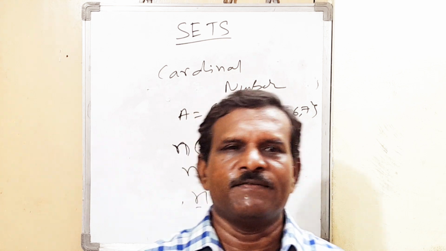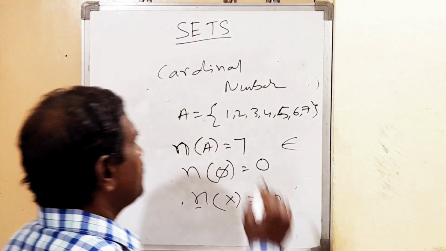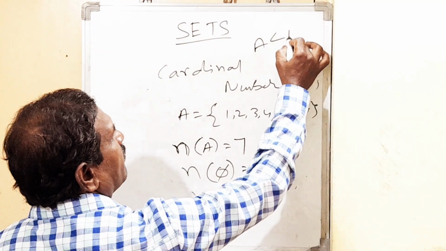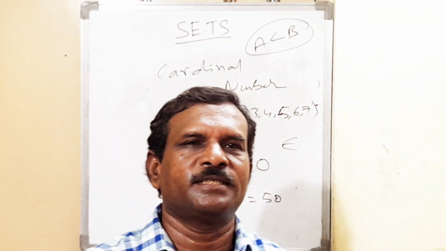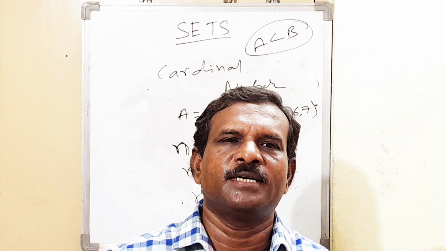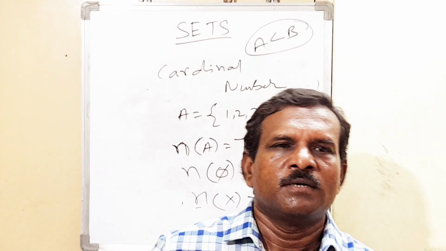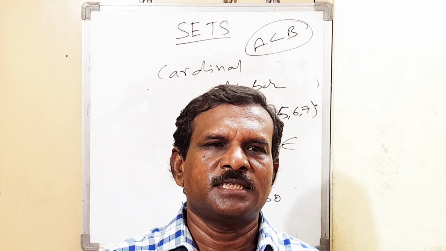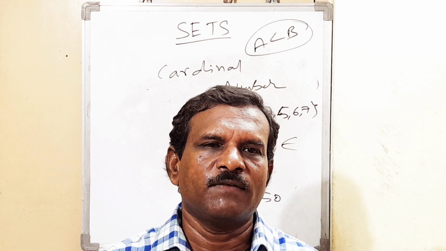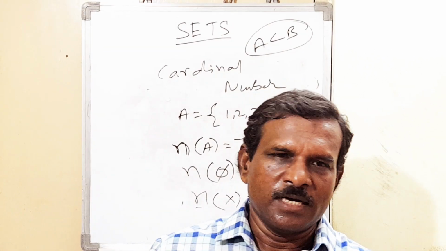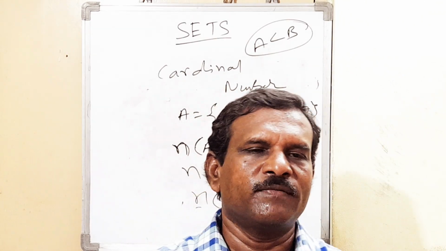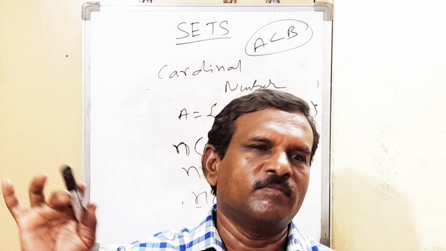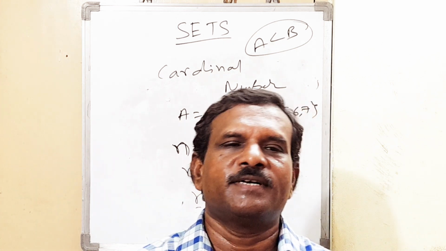A subset: suppose A is a subset of B, it means all the elements of A are elements of B, then we say A is a subset of B and B is called a superset of A. We also discussed that phi is a subset of all sets, and every set is a subset of itself. All the sets taken from the universal set are subsets of the universal set.